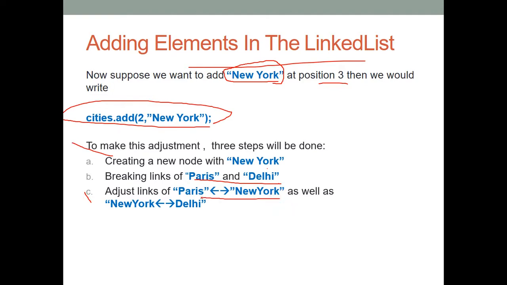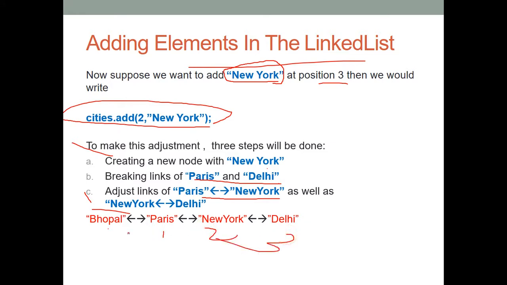After that we add New York after Paris, and the adjustment is done. Now it is Bhopal, Paris, New York, and Delhi. This is position 0, this is position 1, this is position 2, this is position 3. Like that it will store.